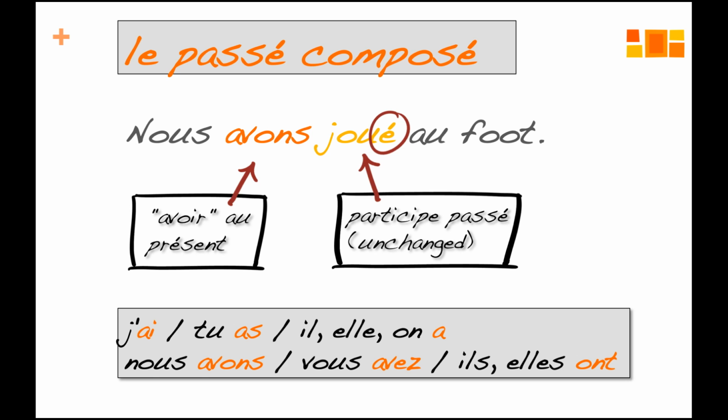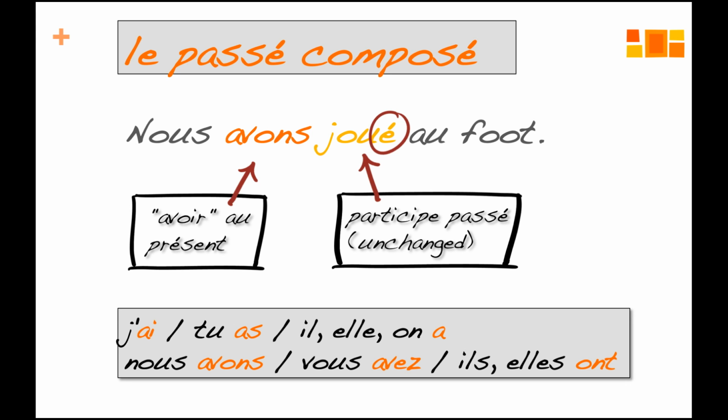And a lot later in your French life you will actually come into situations where even in the combination with avoir you will have to change the past participle to agree, but not at a beginner's French level. Le passé composé avec avoir has two parts: avoir au présent, followed by le participe passé, and it stays unchanged.